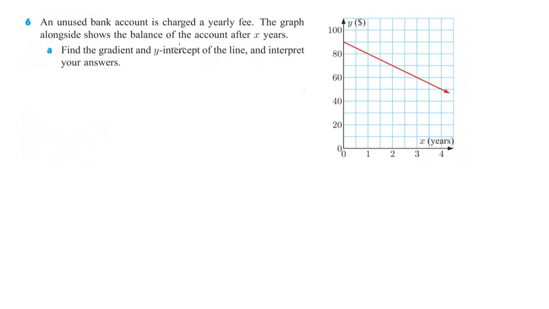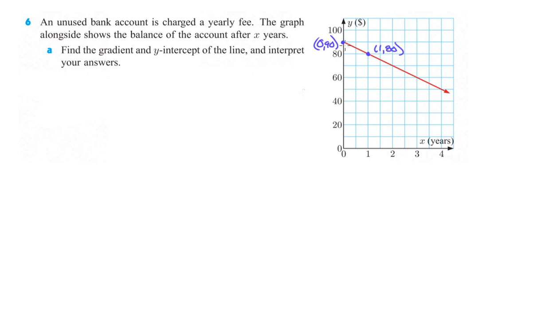All right, moving on to number 6. An unused bank account is charged a yearly fee. The graph alongside shows the balance of the account after x years. Find the gradient and y-intercept of the line and interpret your answers. So for the gradient, there's a nice spot right here at (0, 90), and then I'm going to look for another nice spot, which is right here, which looks like (1, 80).